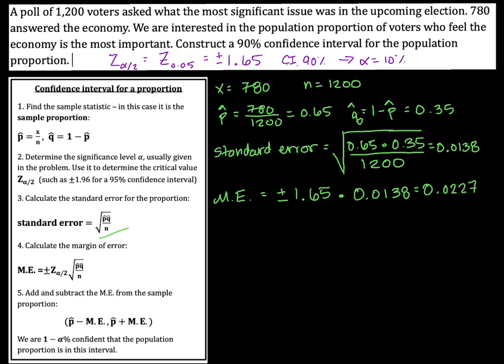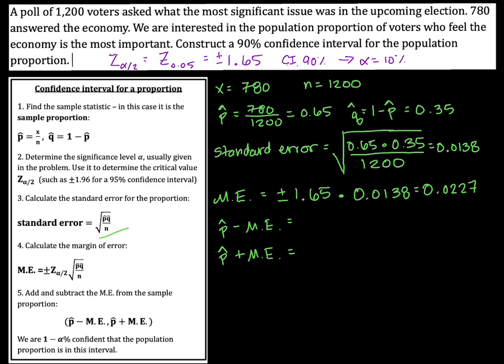And then finally, all we have to do is take our sample proportion and subtract the margin of error, as well as take the sample proportion and add the margin of error.